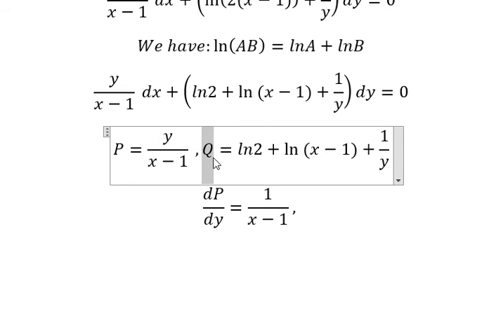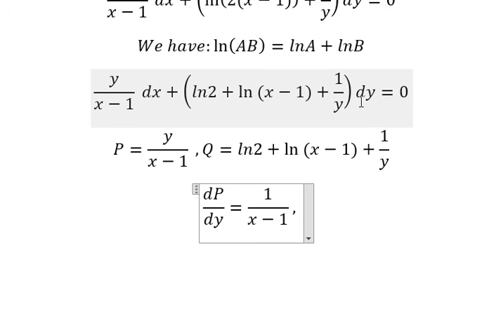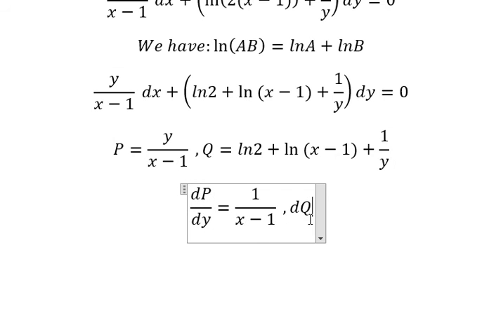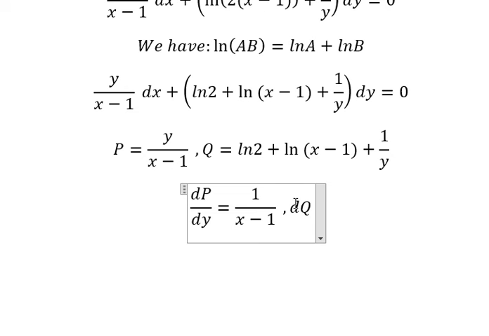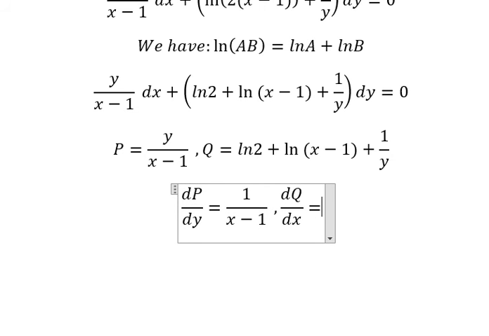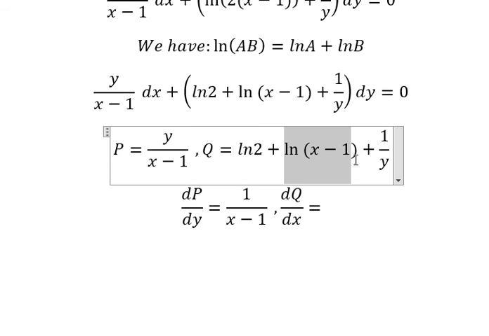We have Q, so we need to do first the derivative of Q. We have dy in here, so we need the derivative of Q with respect to S. So we just have this one in here.